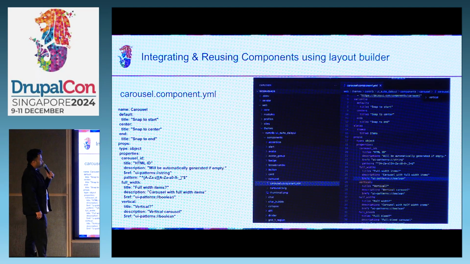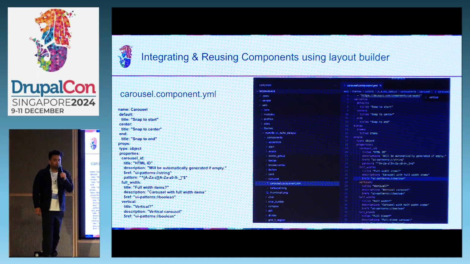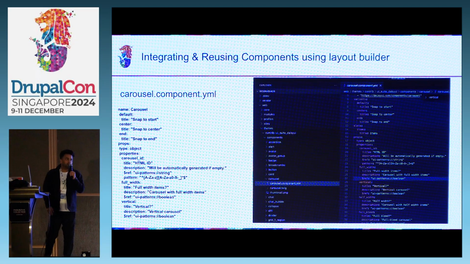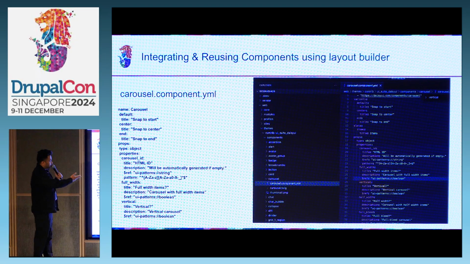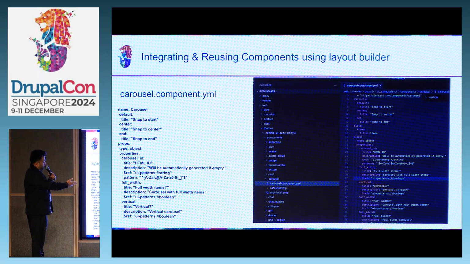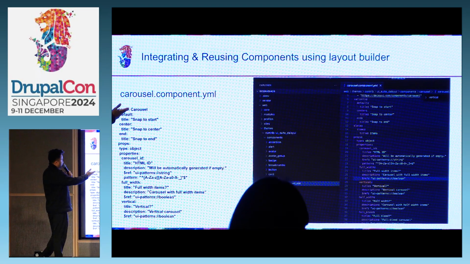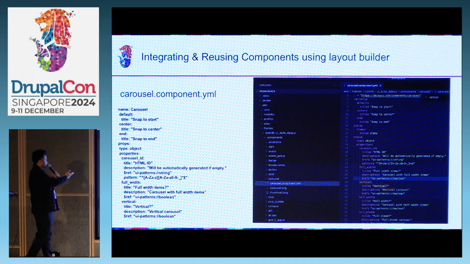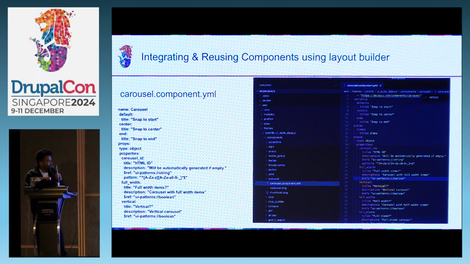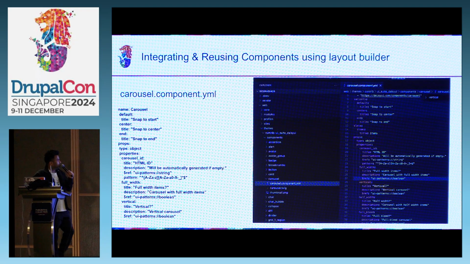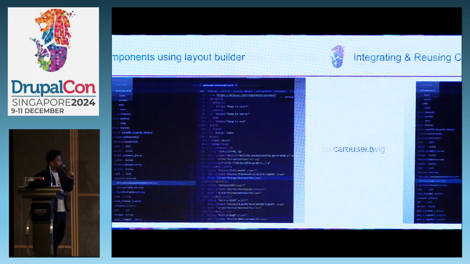Variations is something like, suppose you have a component and there are n number of variants, so you can create those variants there, and you can also create other properties like is a full width carousel. I'm just taking an example of a carousel here. So these are the properties and variations of a carousel. This is how the YAML looks like.